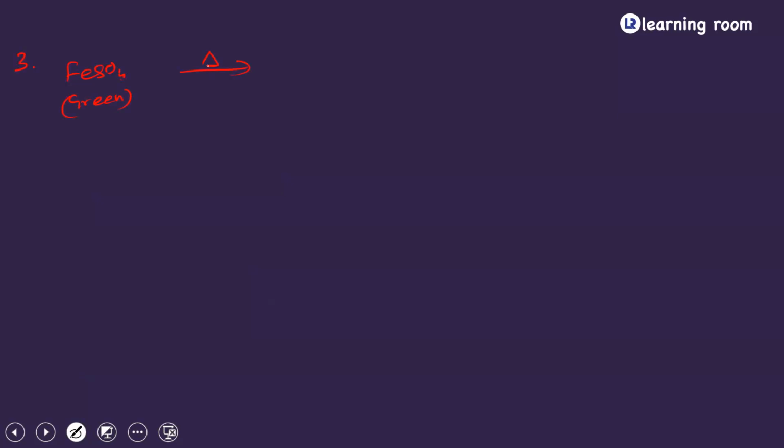Mention the change observed as well as the reason for the change. On heating, ferrous sulfate crystals lose water and become anhydrous FeSO4, so the color of the crystals changes to white. On further heating, it decomposes into sulfur dioxide and sulfur trioxide.